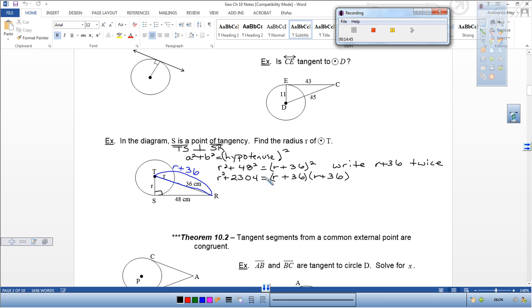Okay, then I'm going to multiply it out. I have R times R is R squared. Then R times 36 is 36R. Then 36 times R is 36R. Then 36 times 36 is a big number, 1,296.